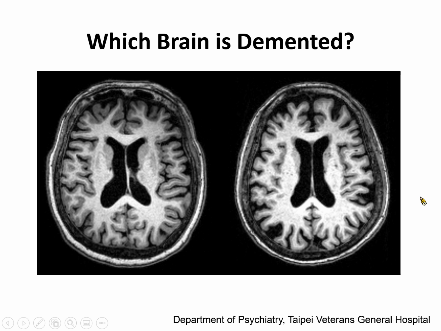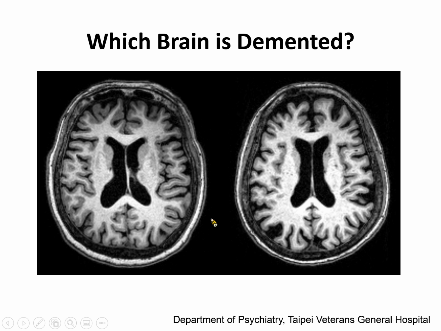Okay, so let's take another guess. Again, we have two brain MRI scans. Which one is the demented patient? Dementia is a neurodegenerative disease with declined cognitive functions. Put very straightforwardly, it involves declined memory and declined ability to do everyday tasks in daily life.